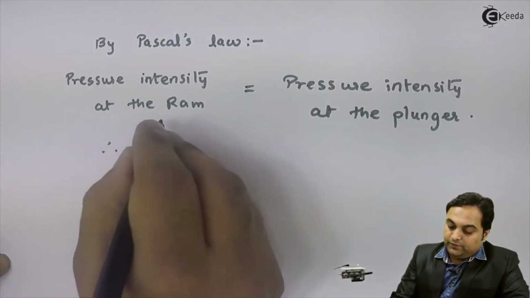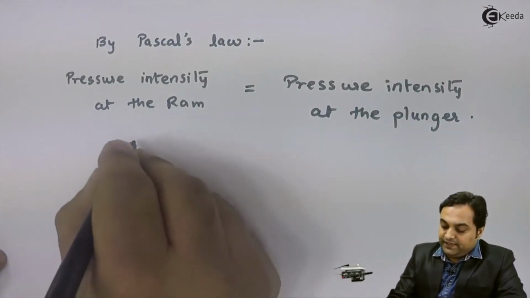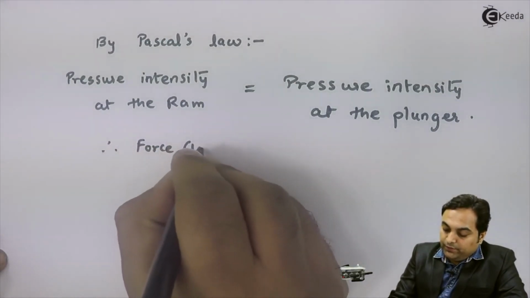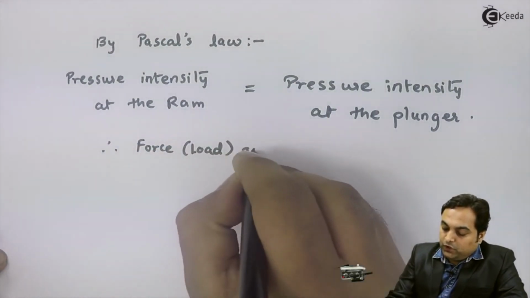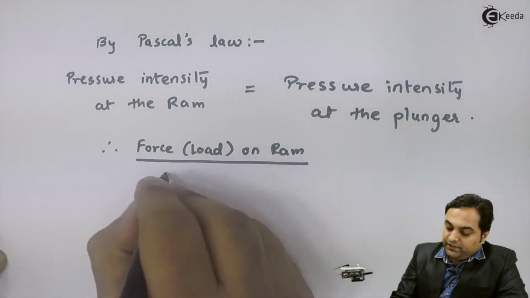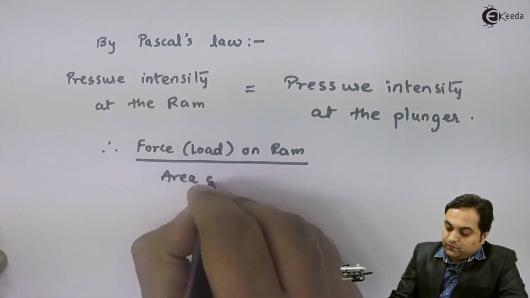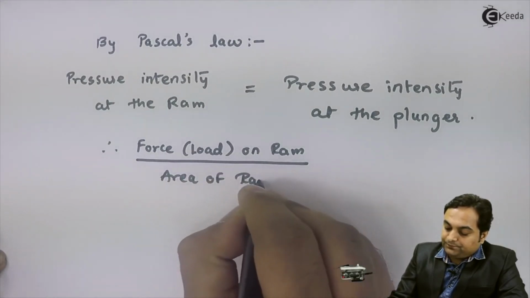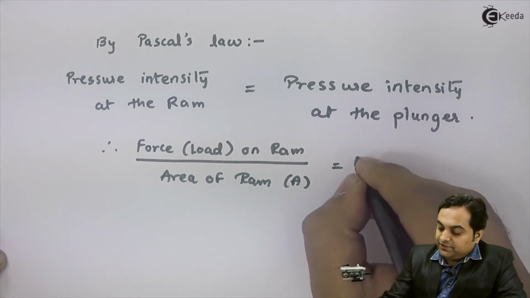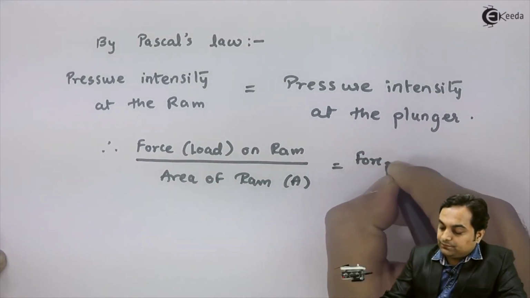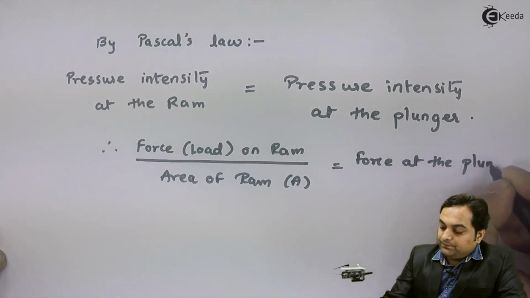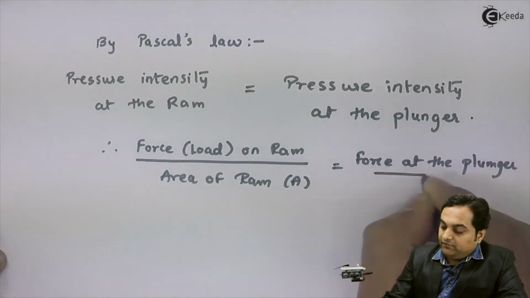So pressure intensity at the ram can be written as force, or we can say load on ram, upon area of ram, and pressure intensity at the plunger is force at the plunger upon area of plunger.